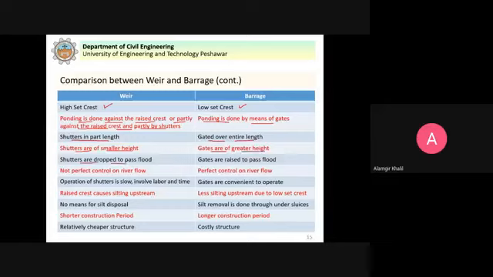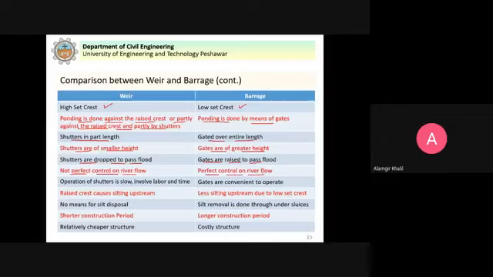Shutters are dropped to pass flood. Gates are raised to pass flood. There is no perfect control on river flow in case of a weir. In case of a barrage, we have perfect control on river flow.